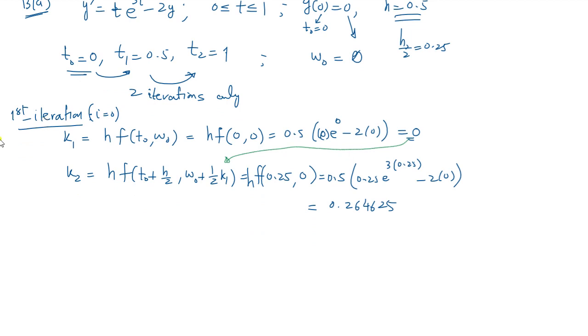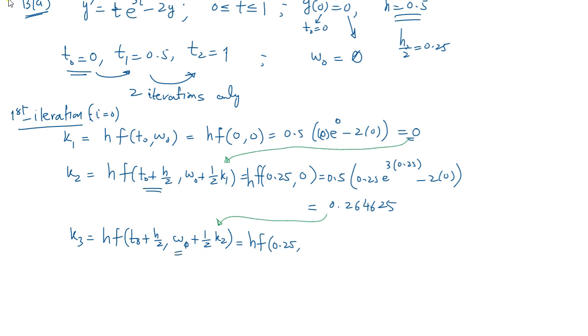Now K3. K3 is H into F. The first point is the same, T naught plus H by 2. But here it is W 0 plus K2 by 2 now, because we have found K2. So I will use this K2 here now. So now this will become H F of, this is 0.25, and now K2 by 2. W naught is 0.